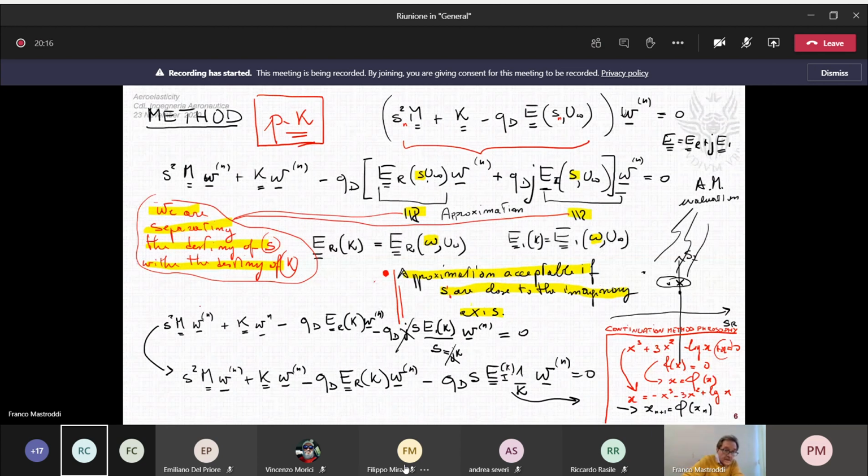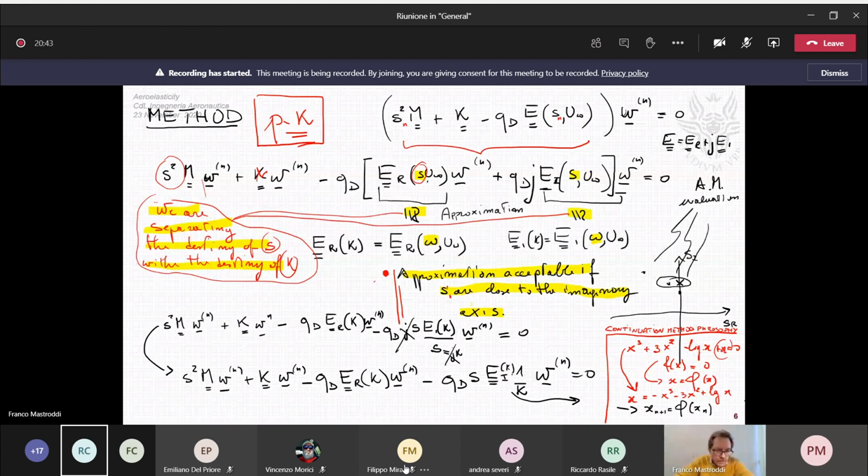So this S here is not different from this S here, but we separated this dependency in an artificial way just to implement our continuation method approach, just like in finding the root of a standard equation.